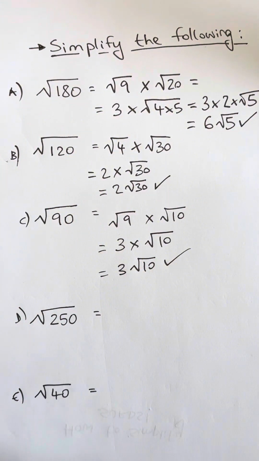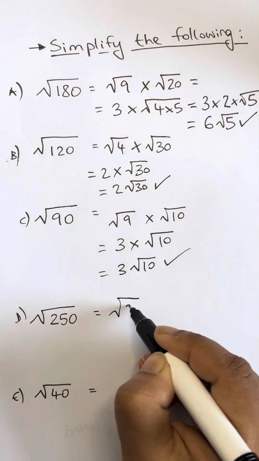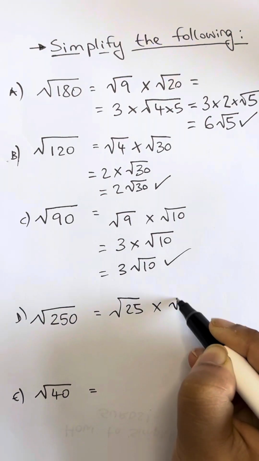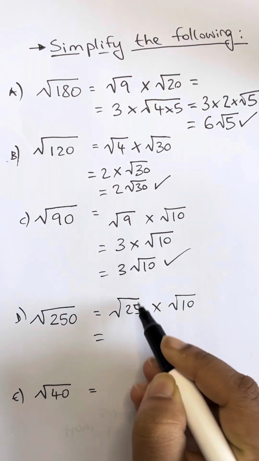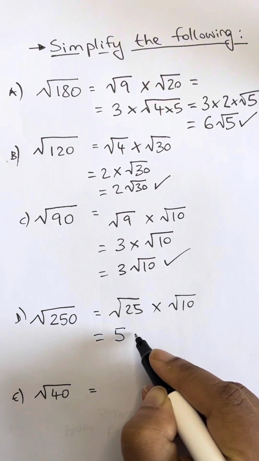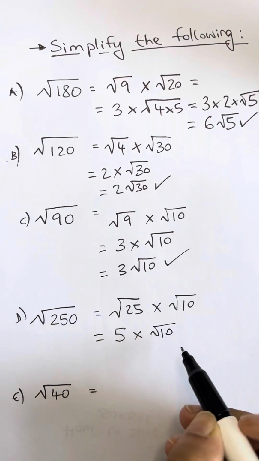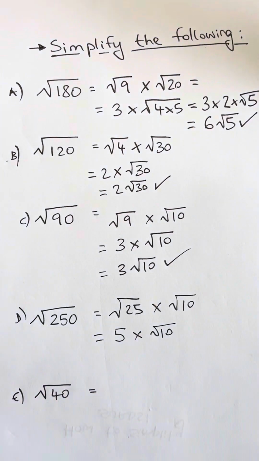Think about square root of 250. What's the biggest square factor that you can have? Yeah, that's right, square root of 25 times root 10. Root 25 is just 5, 5 times root 10, which we can't simplify anymore.